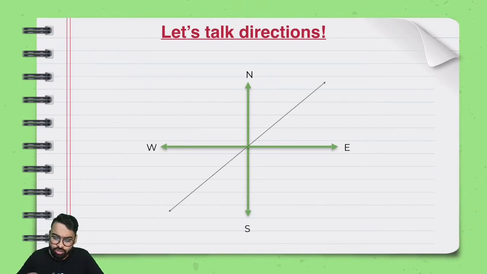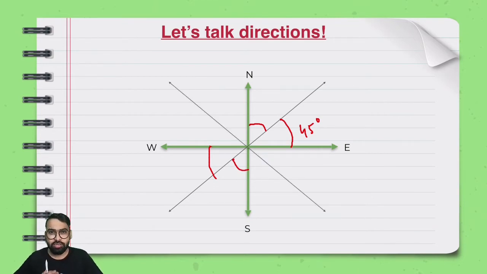What is this direction? I hope you can see this angle is 45 degree. Similarly, this is also 45. All angles are 45. This is also 45. And these directions are going to be called a little differently. Let us say we draw it like that.